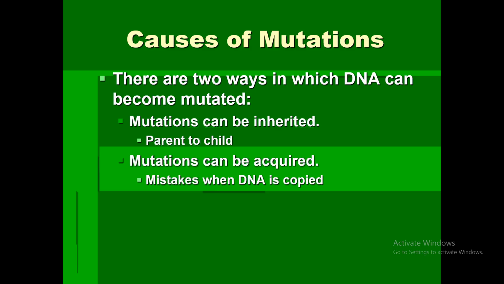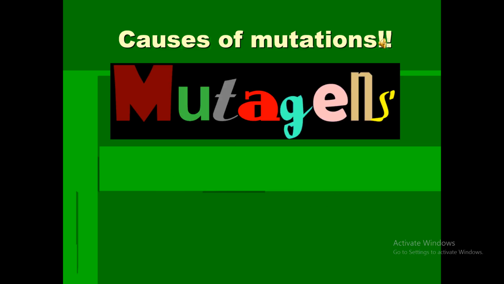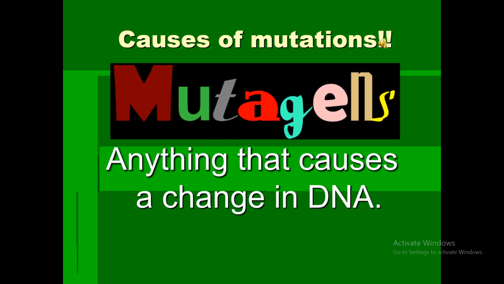Thank God for our DNA being able to do that without us controlling it or even knowing that it happens. DNA can be acquired through environmental damage from mutagens, and we'll talk about what mutagens are in just a second. So a mutagen is anything that causes a change in DNA.